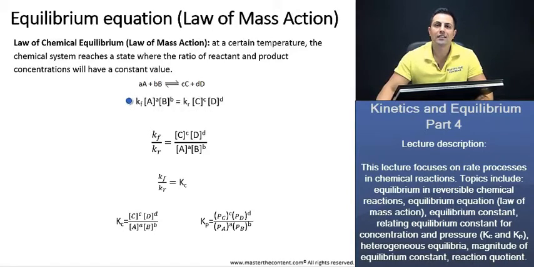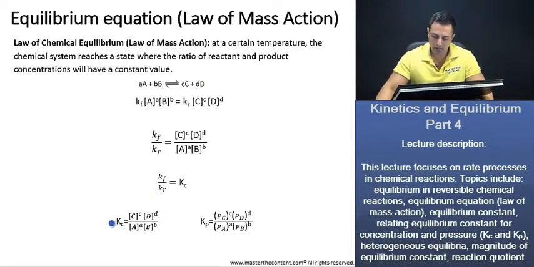Now, we can take this equation and just rewrite it as such. The ratio of the rate constants for the forward and reverse reactions is equivalent to the equilibrium constant. Thus, because of that, we can rewrite this equation as such. This equation right here is known as the equilibrium equation.